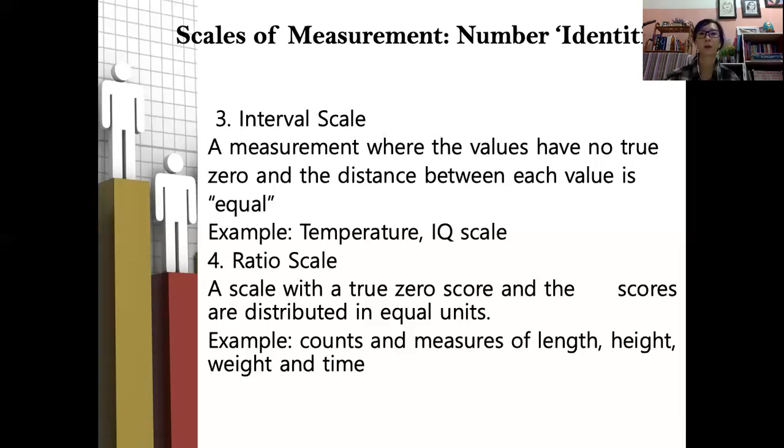So you can read further from this book, and you can try to find also some more concrete examples of each type of scales of measurement, in order for you to be able to understand clearly about this particular concept. Okay, so those are the basic concepts that you need to know.